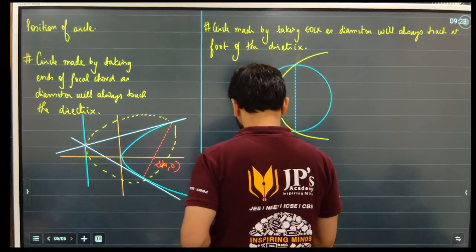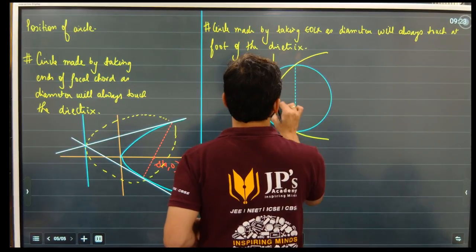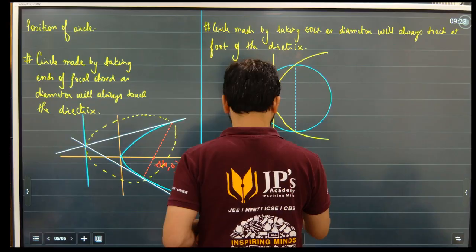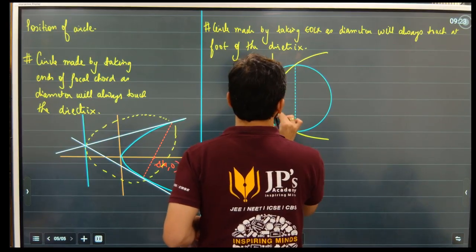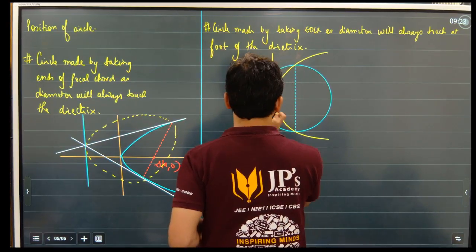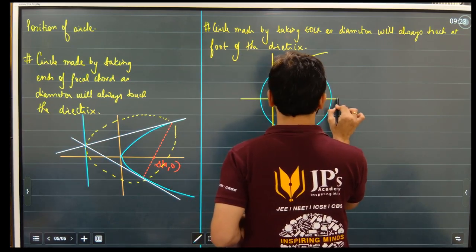This is your tangent at vertex, the axis of symmetry.